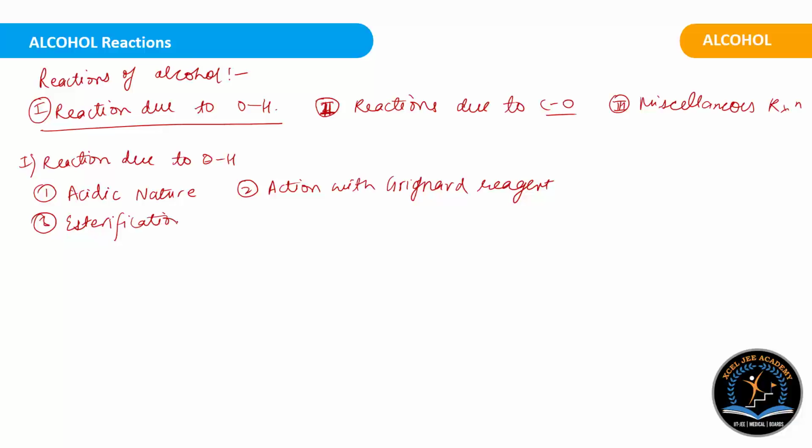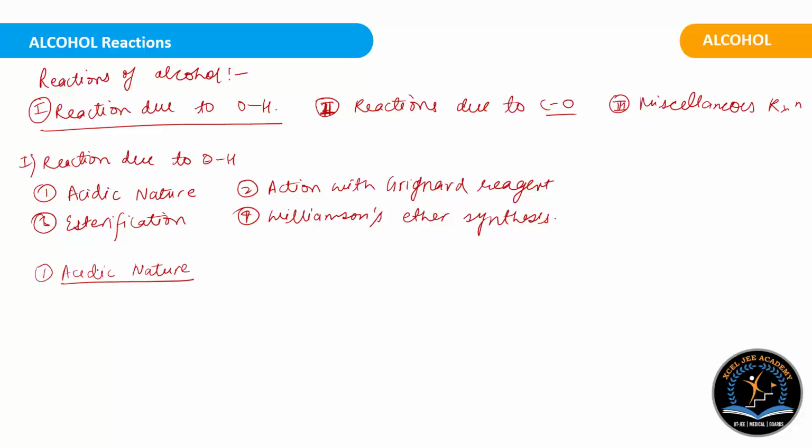And the fourth one is referred to as the Williamson's ether synthesis. So these are the reactions which we are going to study. Now coming to the first one, the acidic nature, due to the acidic nature we will be having these reactions.